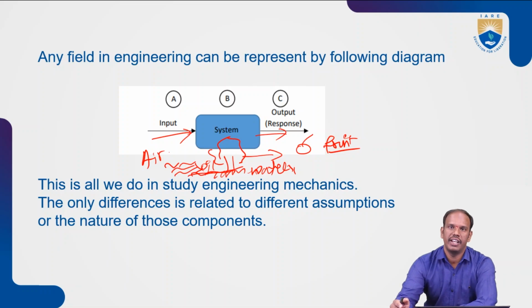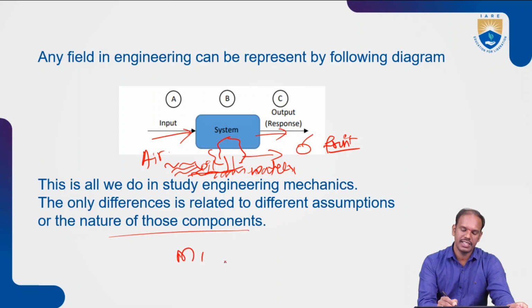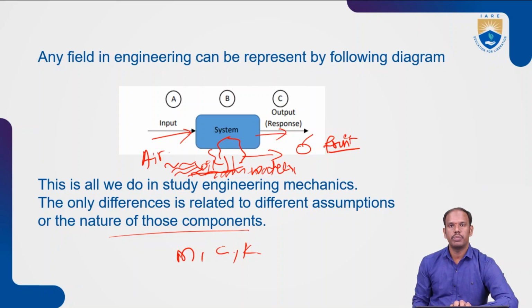That is nature. If air and water are given to the tree, it will become an output. The input is air, soil and water, and the output is the fruit. In the study of mechanics, the only difference is the different assumptions about the nature of the components, like the mass, the dashpot and the spring K. So in this component there is a mass, a spring system and a dashpot system, a cushioning system.